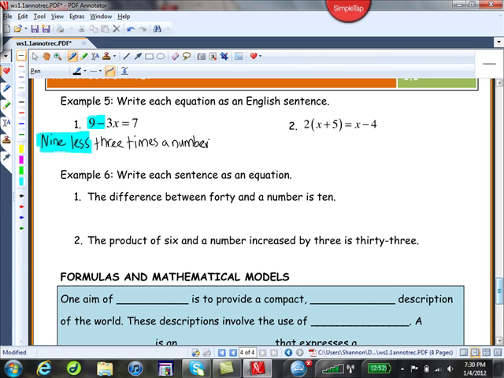In math-ese, the equals sign means is. All right? So the math version is equals, English version is.